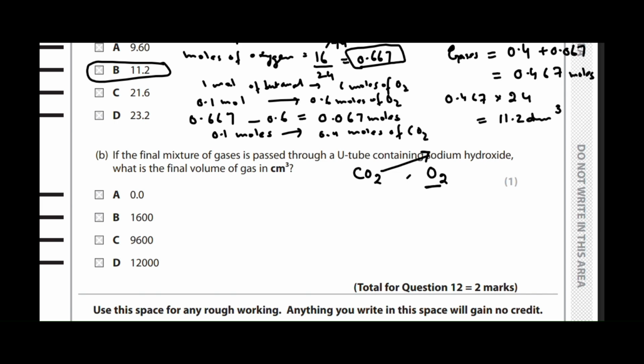The moles of oxygen present is 0.067 moles. You need to convert this into volume, and because you need to convert from decimeter cube into centimeter cube, you multiply with 1000 as well.